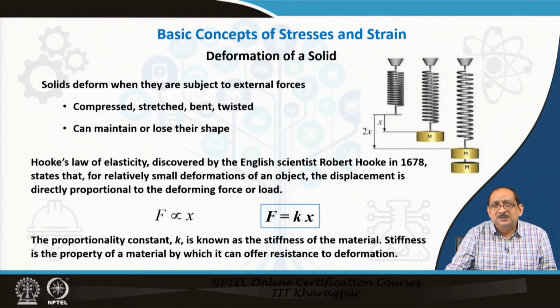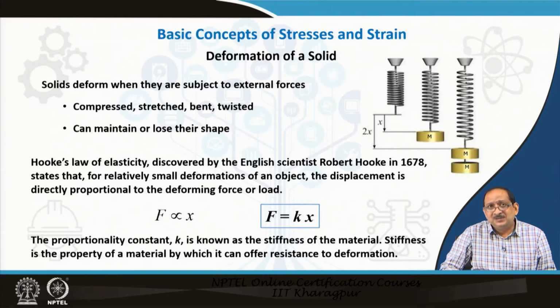So, the solid bodies deform when they are subject to external forces. They are either compressed or stretched or bent or twisted. They can actually maintain their shape to some extent or lose their shape as well.